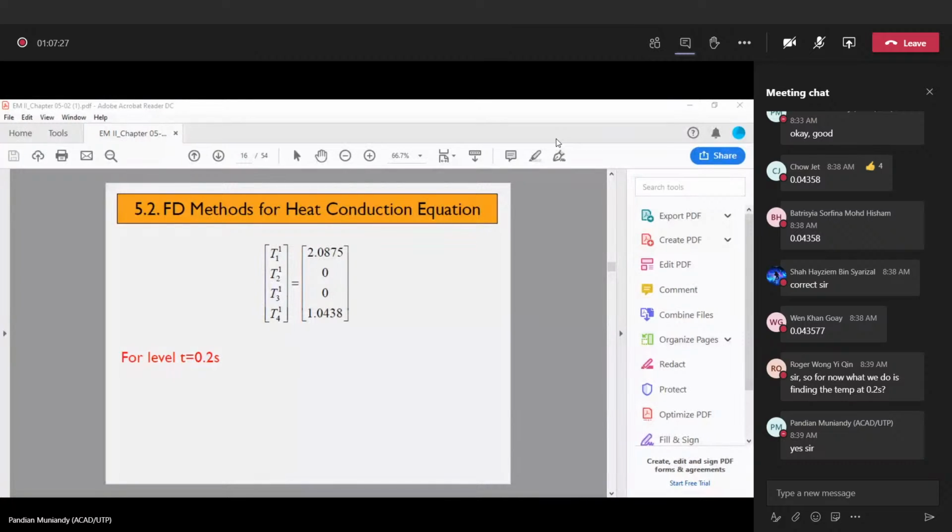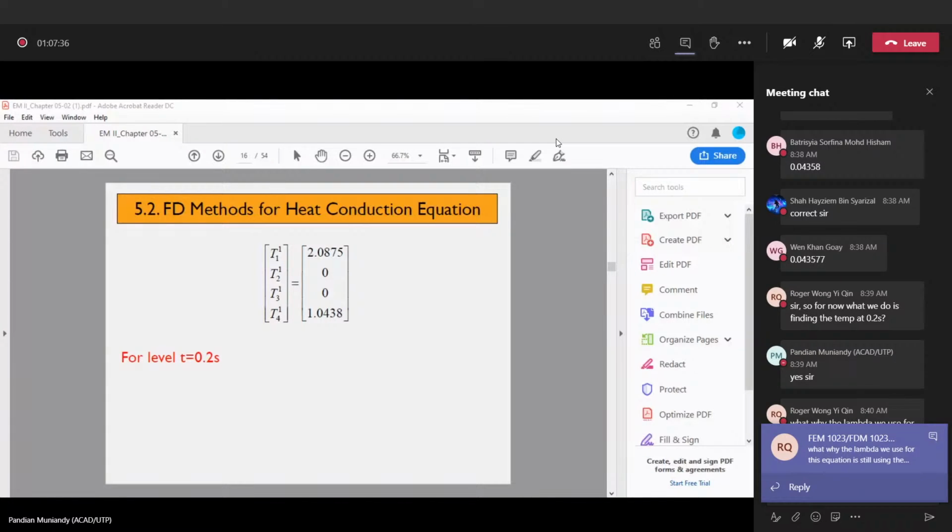The lambda we use for the equation is the same lambda, you cannot change it. Same lambda. Lambda is constant.